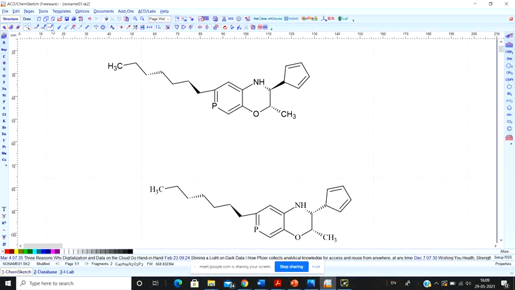Okay, but what if I want to change all these stereoisomers?